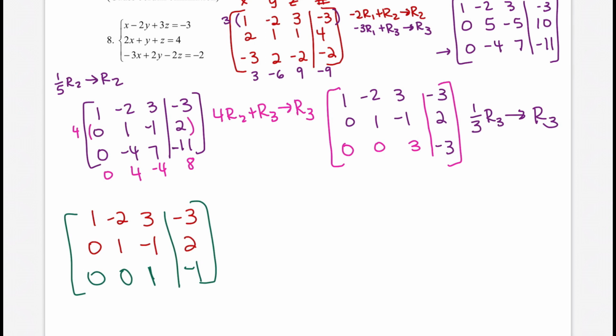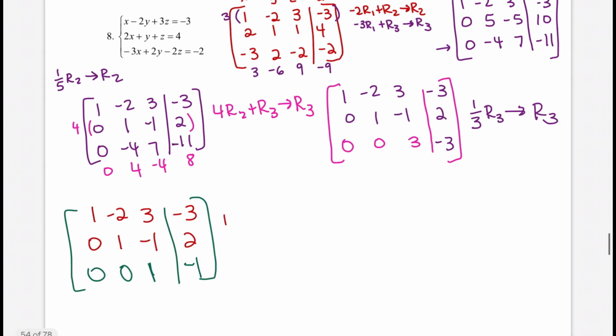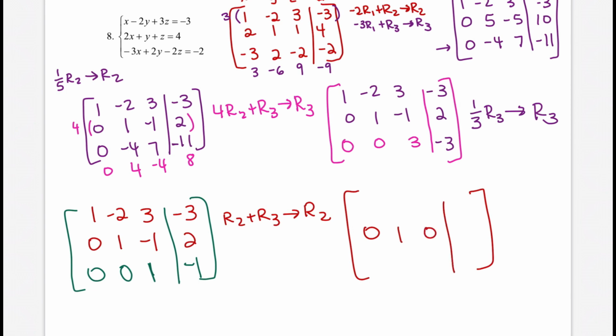We're going to add row 2 plus row 3 to give us our new row 2. By doing that, I'm going to add 1 and negative 1, and that will give me a 0 here, but it's going to keep the integrity of this 1 here. So we're going to have 0, 1, 0, and then 2 minus 1 is just a 1 here. So now we know what y and z are.